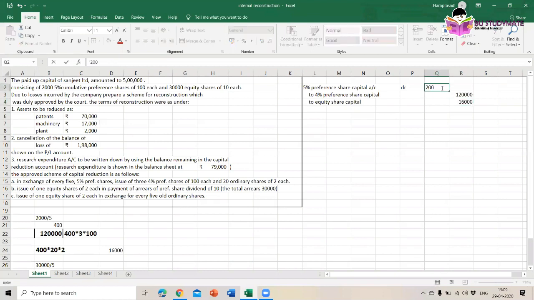Okay, now 1,20,000 plus 16,000, 1,36,000, and 2 lakh minus 1,36,000 is 64,000. This amount will go to capital reduction account.